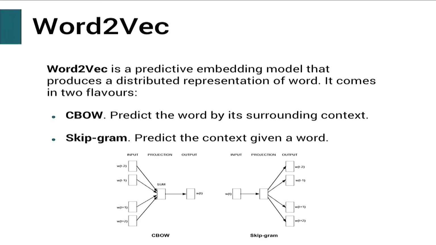Continuous bag of words is basically, given a window size of surrounding words, it should predict the word that is missing. And skipgram, the other way around, is finding the surrounding context.